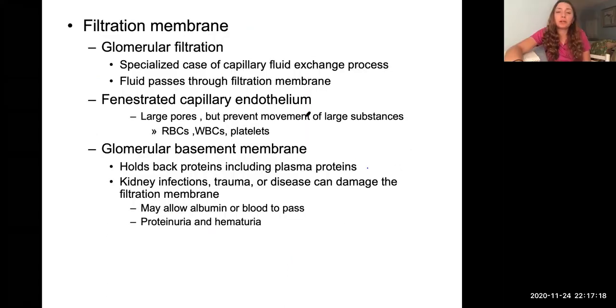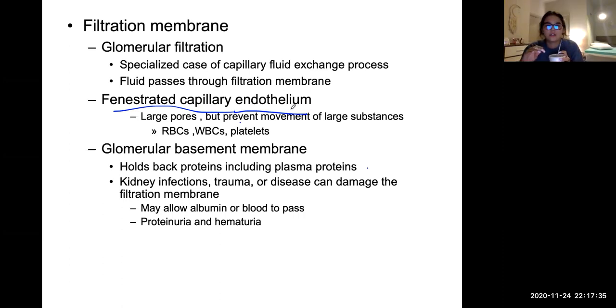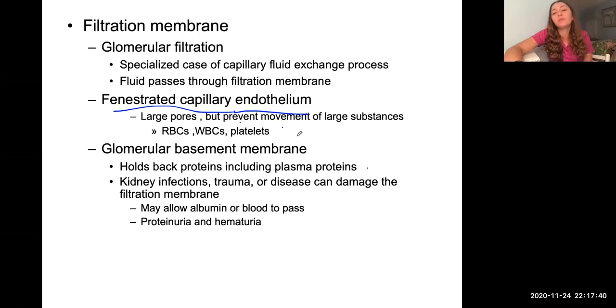All right, so this is what I talked about before, the fenestrated capillary epithelium. These are large pores which allow things to get retaken back in. It prevents movement of large substances, because the fenestrated capillary epithelium is between the tubule and the capillaries.